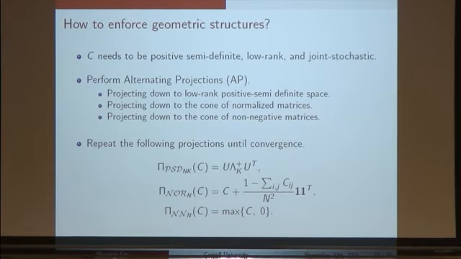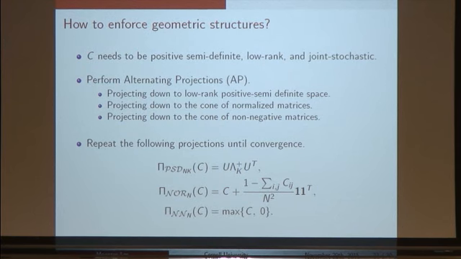The first projection is easily achievable by the truncated eigenvalue decomposition. Rather than doing the full eigenvalue decomposition, which is clearly painful if the vocabulary size is high, we just use, for example, the power method to get the top k biggest eigenvalues and reconstruct C based on them. The orthogonal projection to the cone of normalized matrices is given by this.